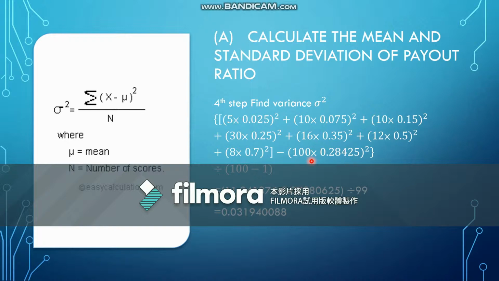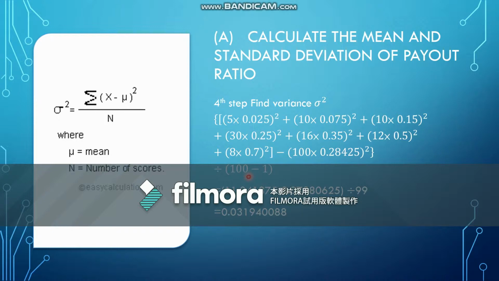We need to find the variance first. How to find the variance? We can first look at the formula. First we need to use the frequency, multiply by the squared class mark, and so on. After that, we should divide it by the total frequency minus 1.